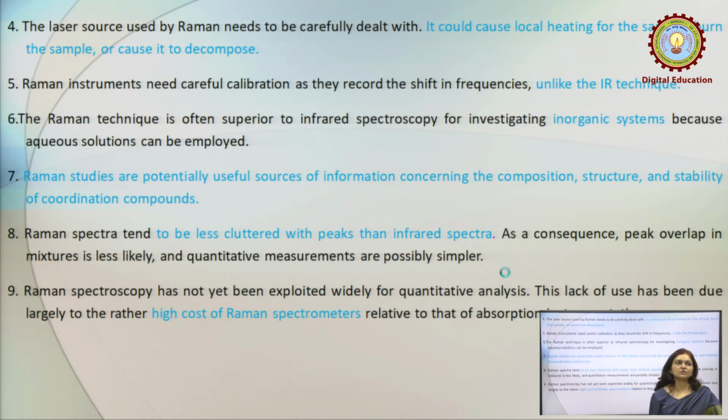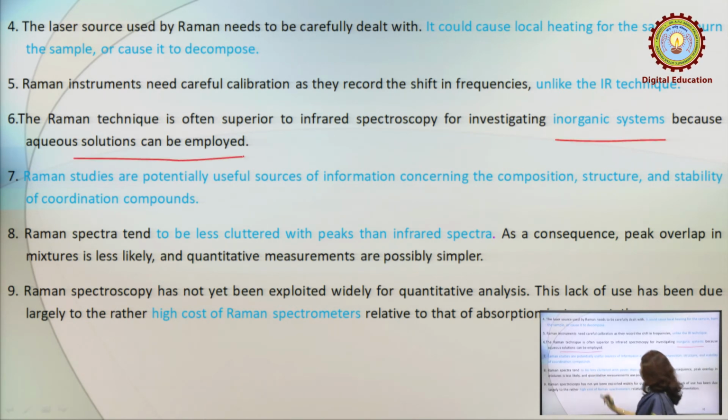Raman technique is superior to IR spectroscopy for investigating inorganic systems because aqueous solution can be employed. Raman studies are a potentially useful source of information considering the composition, structure and stability of coordination compounds.